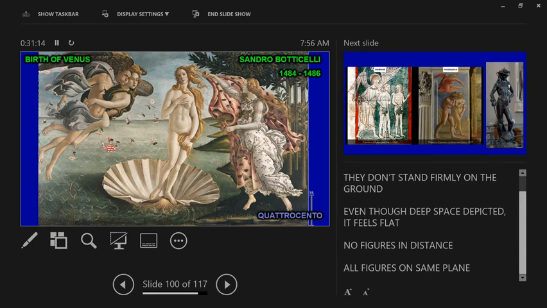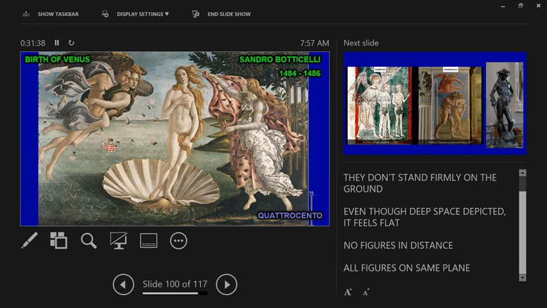And even though the painting shows that there's deep space, like you can look back to the ocean and it goes out to the horizon line, and there's some islands back there, some land back there, it doesn't really feel like it goes back in space. It looks like she's standing in front of a backdrop on a stage.